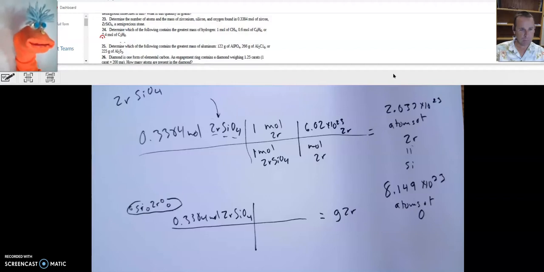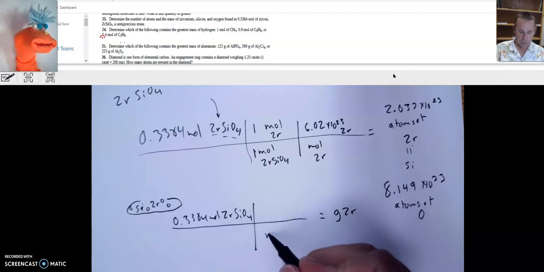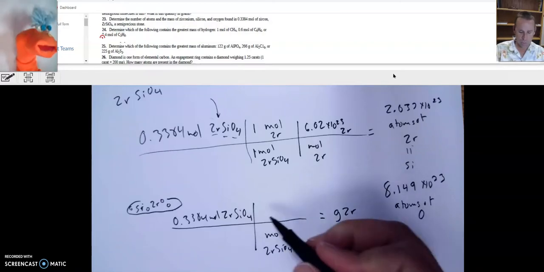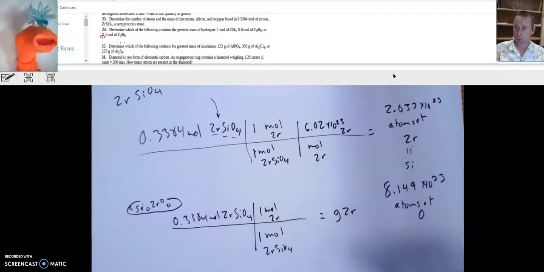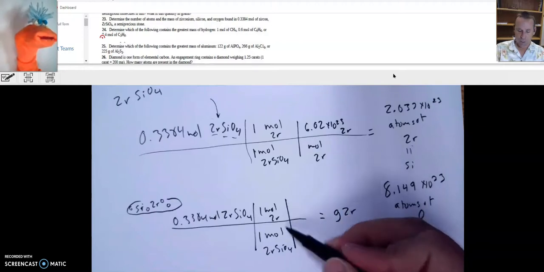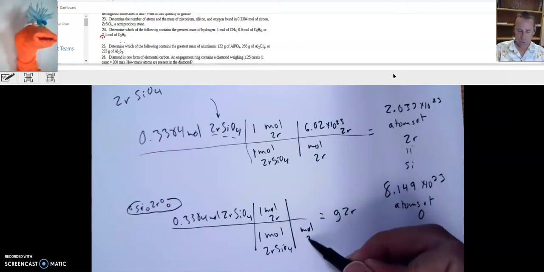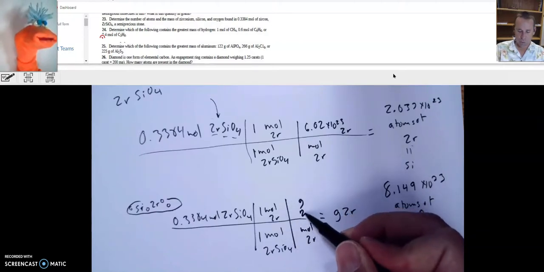Well, moles of zirconium silicate has to go down below. I need the units that I have up here, down here, ZrSiO4. And then you can go moles of zirconium. Every mole of this gives me 1 mole of zirconium. Then I can go moles of zirconium to grams of zirconium.